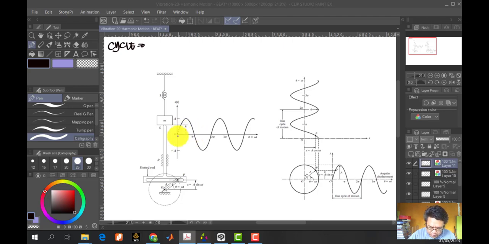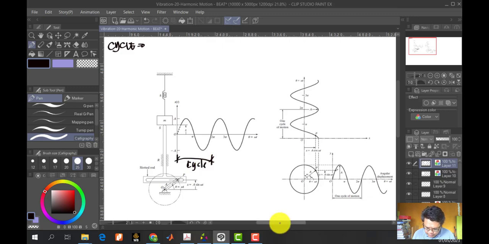So this is one direction, and then it goes back to the original position. Then it reaches an extreme position, but in the other direction. So you will notice here, up and down, that corresponds to one cycle. This from here and this one from here, so this is defined as one cycle.